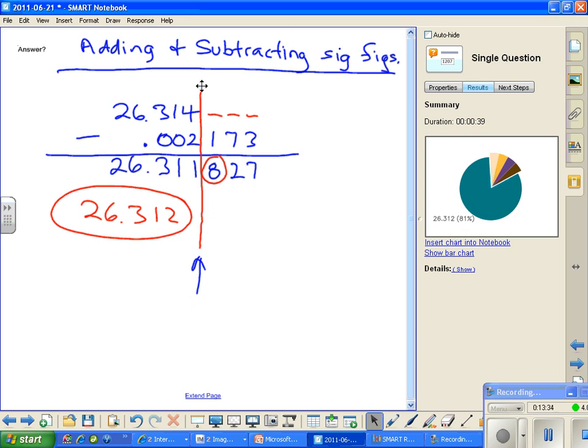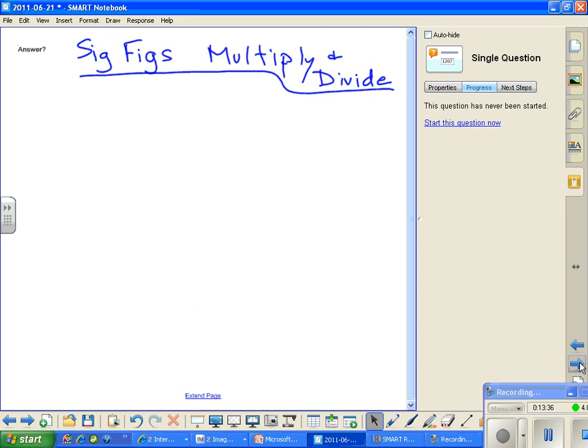Okay, now we're going to switch over, and we're going to have a chance to do sig figs where we multiply and divide. Here, what you're starting with in the two multiplicands, whatever, the two guys you're multiplying together, that's going to make the difference in your final number. So let's multiply 21.3 times 1.666.